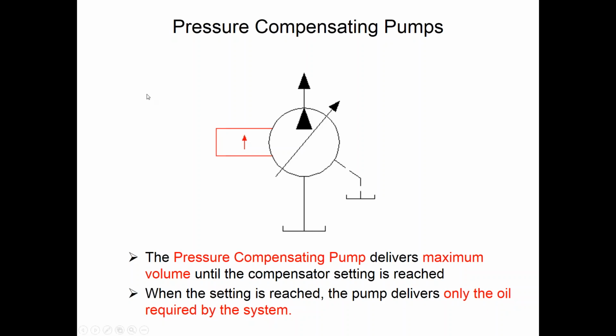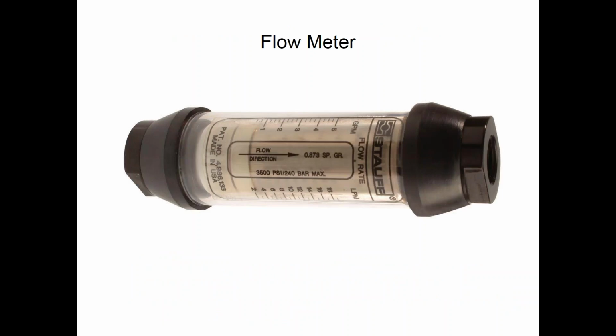Right? Well, now, how does it do that? It depends on the type of pump that you have. And the amount of flow that it delivers can always be measured with a flow meter. Right? These are not used as often as I'd like. This is a valuable tool right here, and it gets ignored.